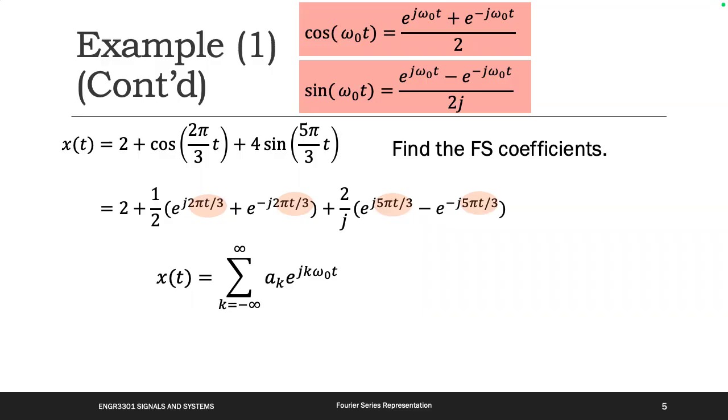It means you have one atom that is a1 multiplied by e^(j pi over 3 t), am I right? But there is no e^(j pi over 3 t). What does that mean? Which means this atom doesn't exist, am I right?